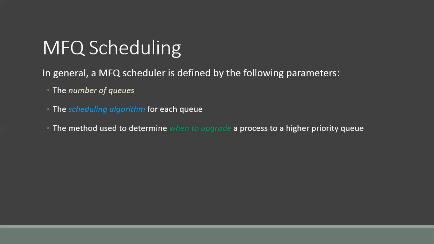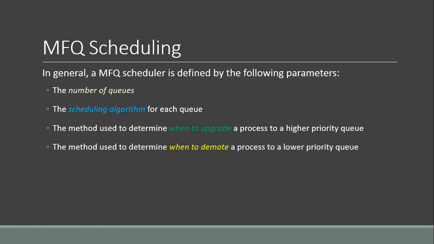And the third parameter is the method used to determine when to upgrade a process to a higher priority queue. That is, in case of starvation, if a process is starving in a lower priority queue, which method will be used to determine the suitable time, or in other words, after how long a process should be moved to a higher priority queue.